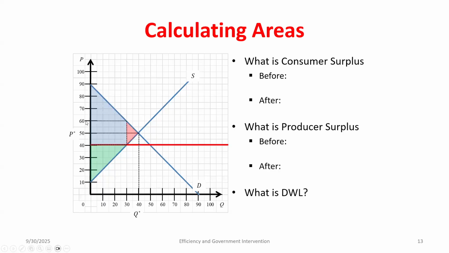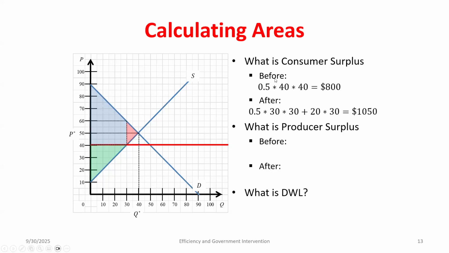So I now have two shapes. I have to find the area of this triangle and the area of this rectangle. The area of the rectangle is 20 times 30, so 600, right? And then plus 30 times a half, so 600 plus 450 is 1,050, if I'm doing math in my head correctly. So that's my consumer surplus after the price ceiling.